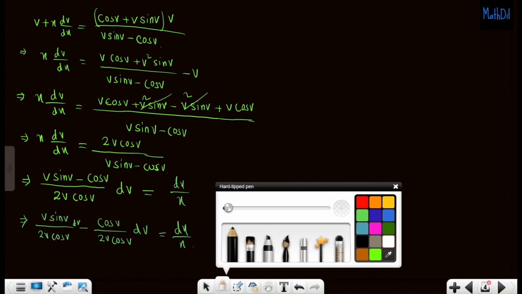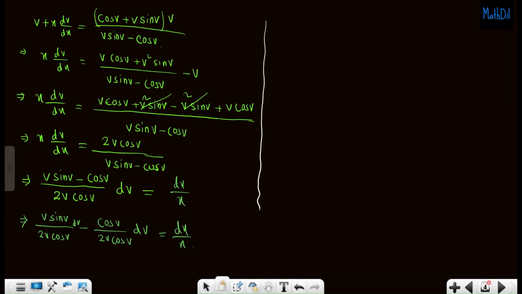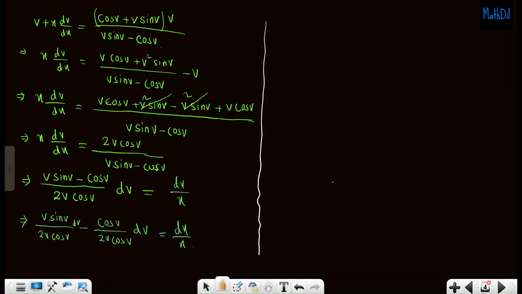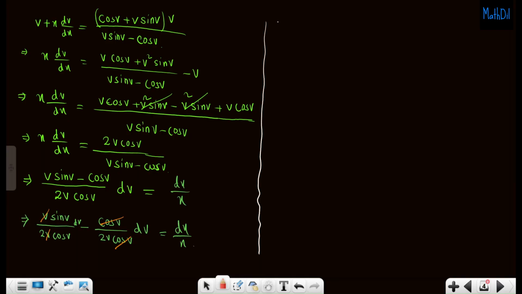Now see, it will imply, see, sin v by cos v, right? So it is tan v, write it, tan v, right? What is outside? 1 by 2, right?